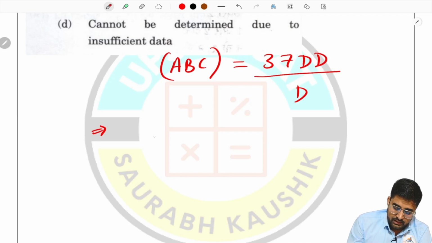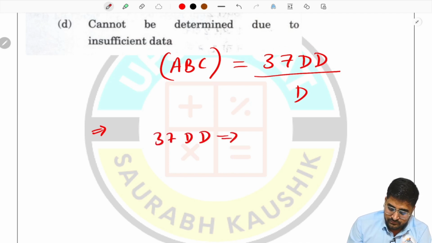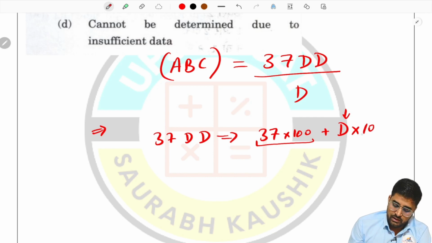So I can write 37DD as 3700, because it's the 100 place, plus 10 into D. D is some number which we do not know and 10 is a place value.